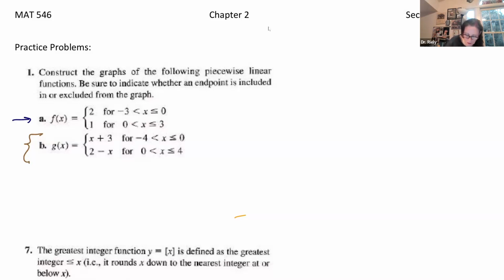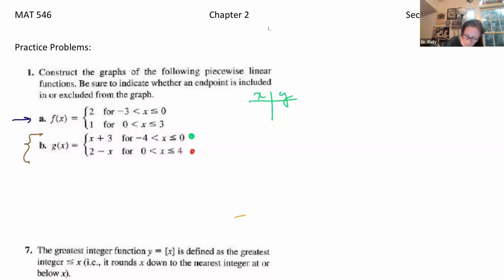So I'm going to use my color system again. This will be green, and this can be red. So I'm going to do a little t-table. I'm going to do the green first. I'm going to read what it says because I want to get my X and Y values so I can plot them. It says that piece of the function will be X plus 3 if X is less than 0 and if X is greater than -4.